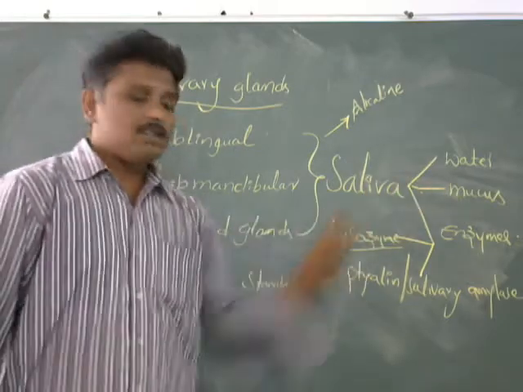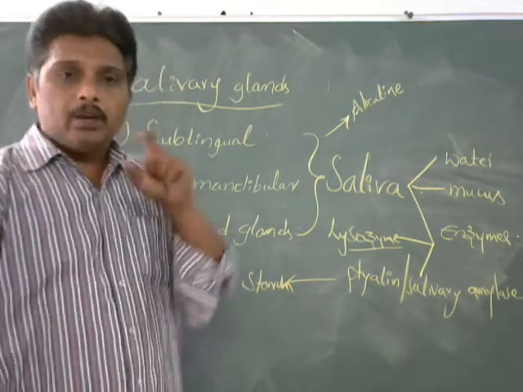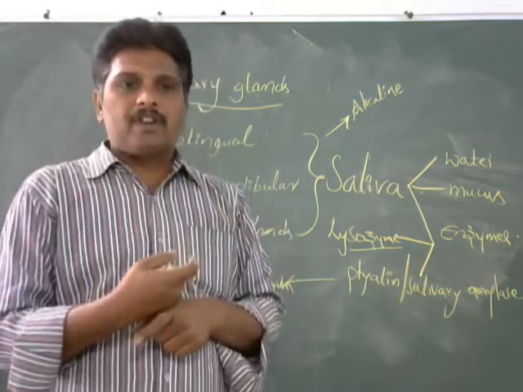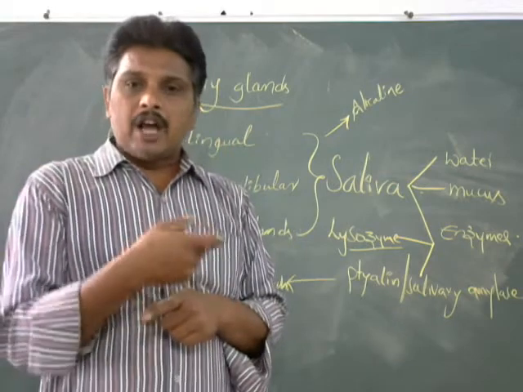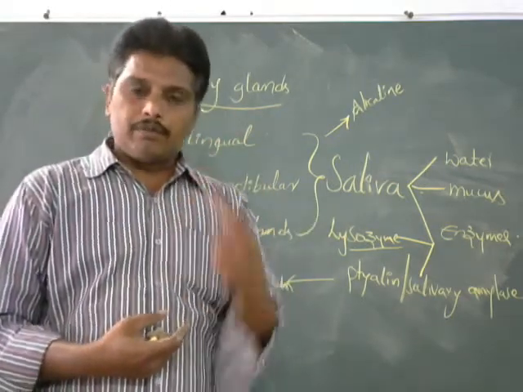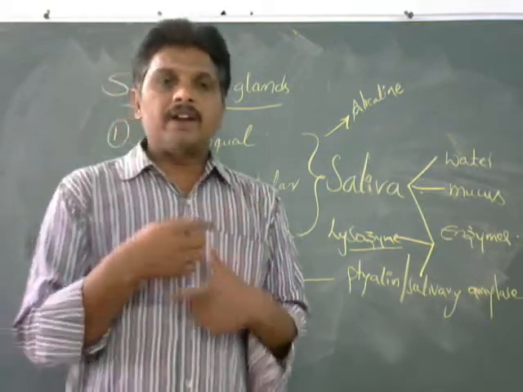Because of the presence of mucus, it is slippery. When we are chewing food, grinding food with the help of teeth and the tongue, the saliva mixes with the food and makes it very soft and slippery.